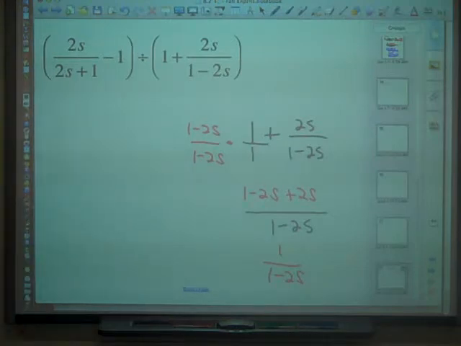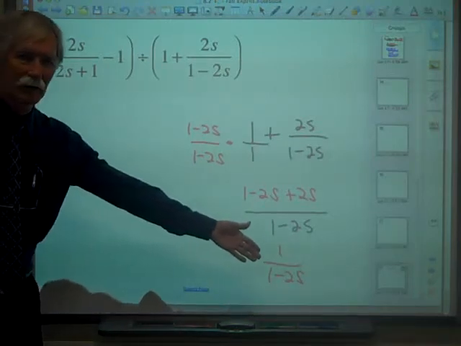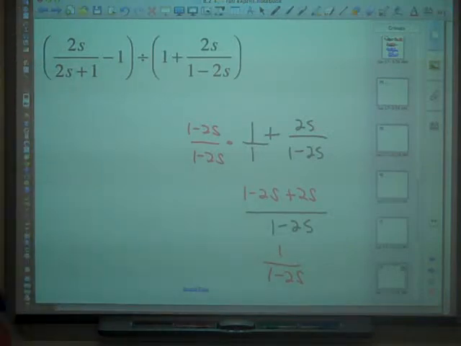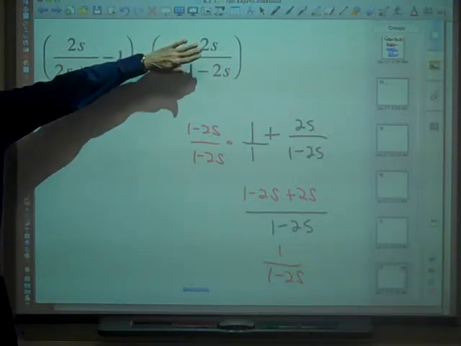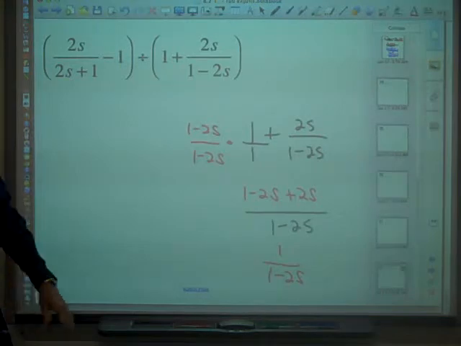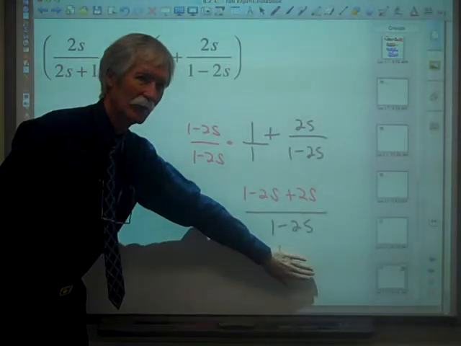Now we can start the problem. Why did we do all this? So that we could turn it upside down. How do you turn that upside down?